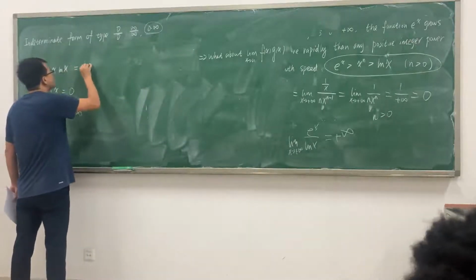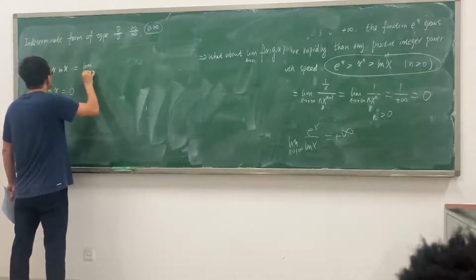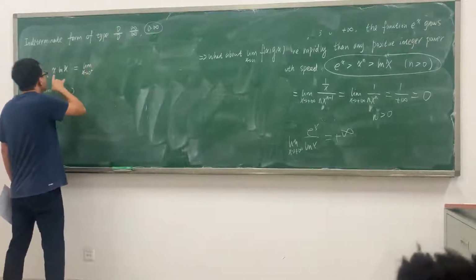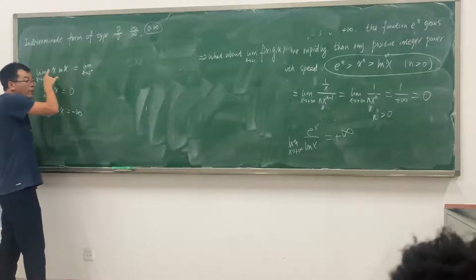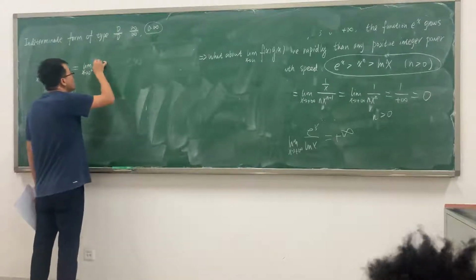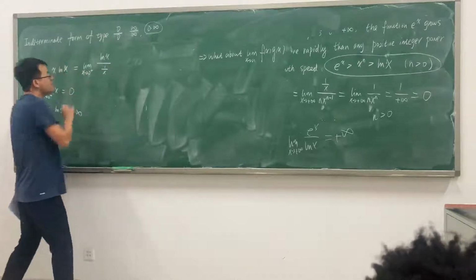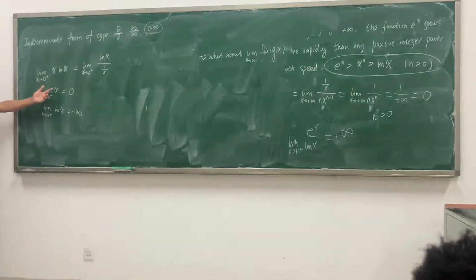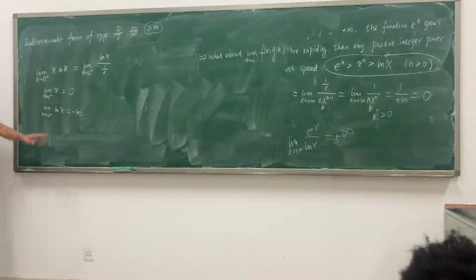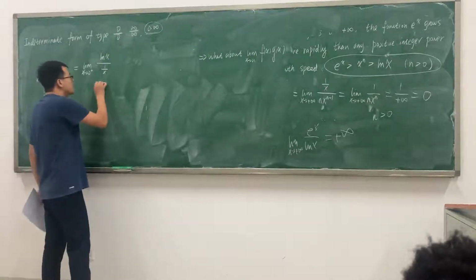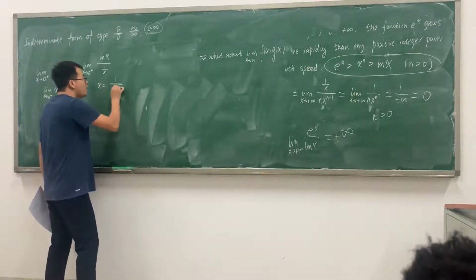So this limit is equal to what? Equal to the limit as x approaches 0 from the right. We can rewrite x by ln x, 1 by x. Yeah? We can rewrite it in this form, because x we can rewrite as 1 by 1 by x.